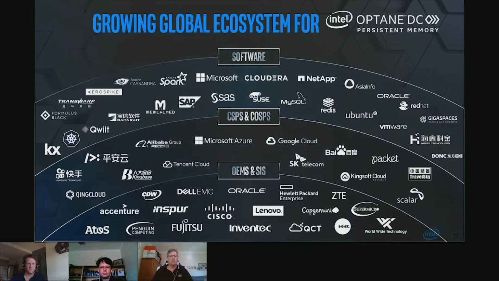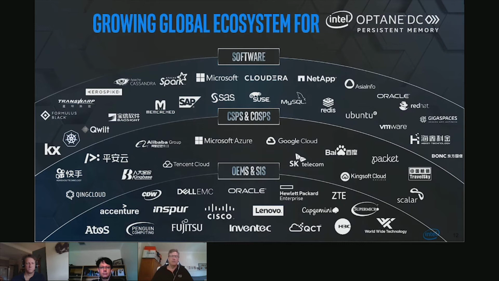So we're starting to see persistent memory equipped instances showing up in things like Azure and Google Cloud, and some of the other cloud service providers. But also Intel works very closely with the software and the solutions layer to enable the ISVs and the applications to take advantage of the product.